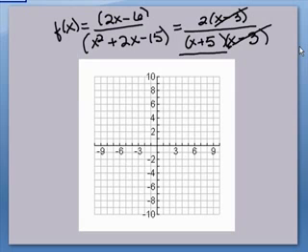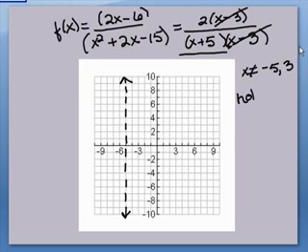So we would have a vertical asymptote at negative 5. Our domain, however, is still going to be all real numbers except for negative 5 and positive 3. But once again, because the x minus 3 canceled out, instead of an asymptote, we have a hole at 3.